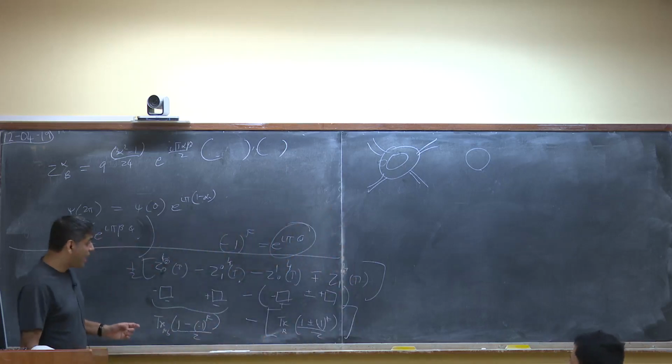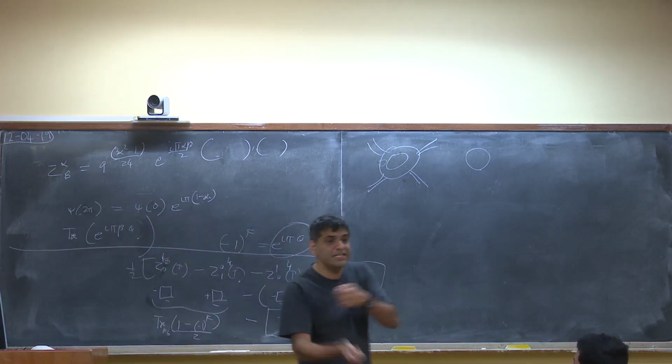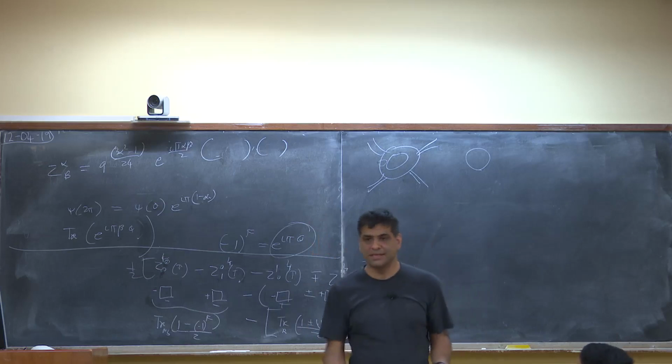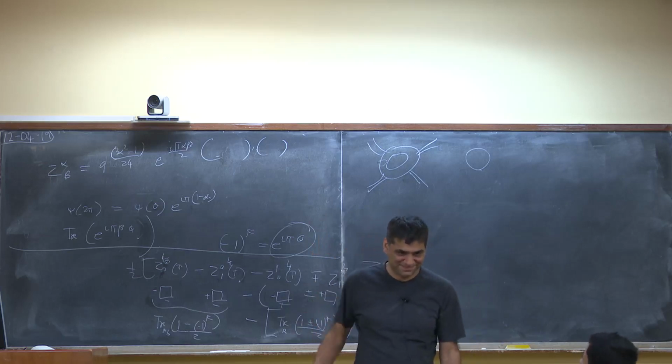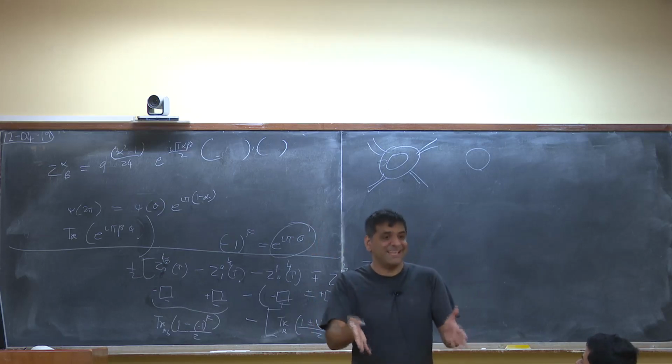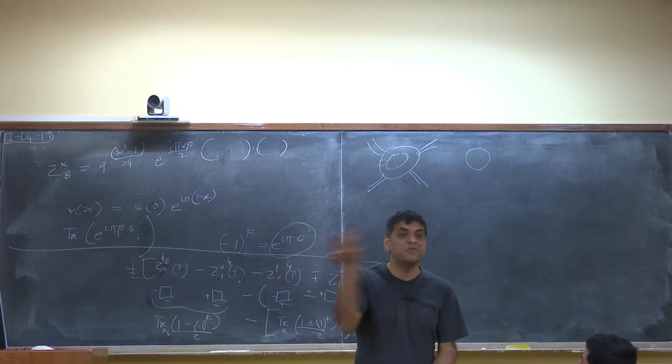Okay. So you see, we're going to do the right thing because any number of additional oscillators in the NS sector will not change whether it's fermionic or not. But each state in the Ramond sector is automatically spinorial because of the quantization of the zero modes.